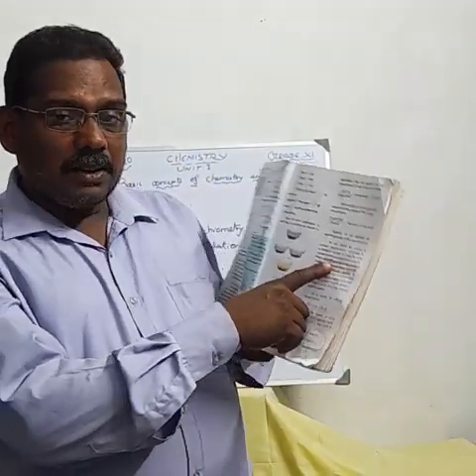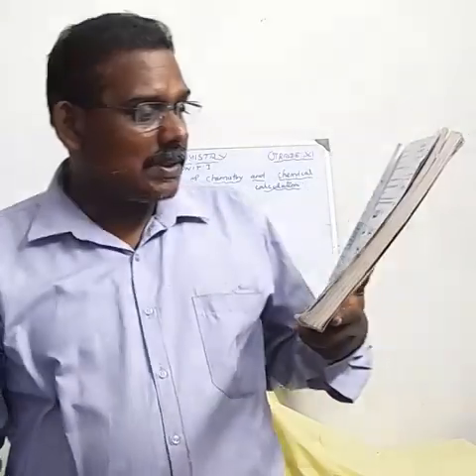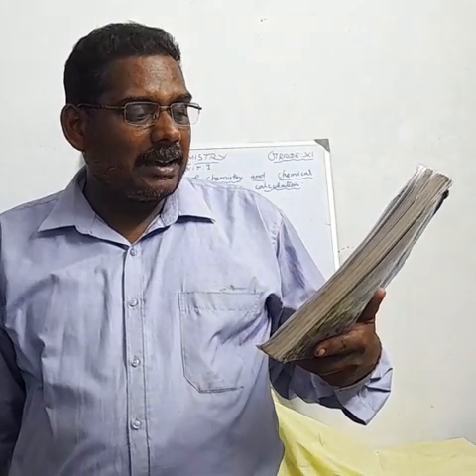Listen, all of you. Stoichiometry gives the numerical relationship between chemical quantities in a balanced chemical equation. By applying the concept of stoichiometry, we can calculate the amount of reactant required to prepare a specific amount of product and vice versa using a balanced chemical equation.